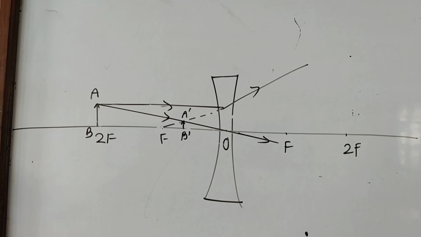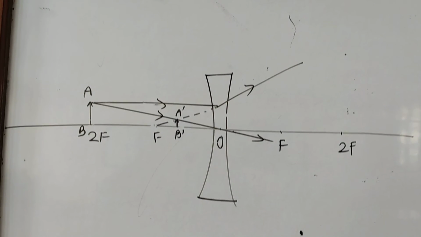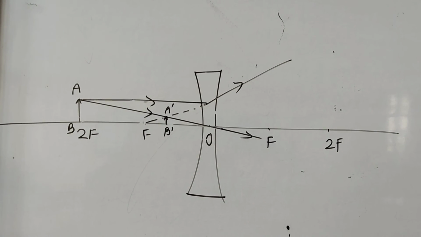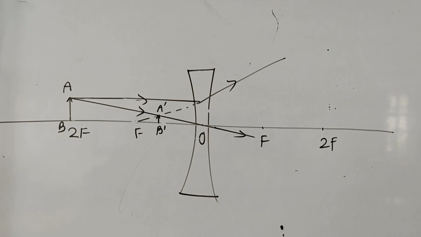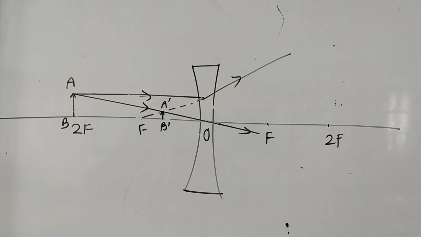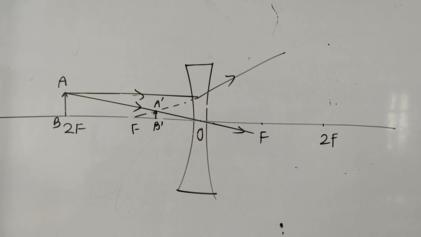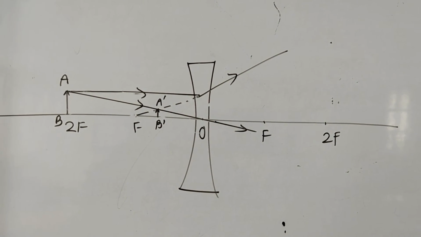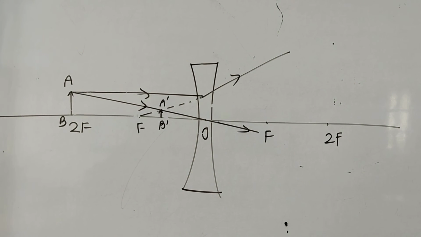This diagram I have drawn very roughly, so the measurements may not be very accurate here. But anyway, when the object is placed in front of a concave lens at any position, we see that a diminished image is formed between focus and optical center, a virtual, erect and diminished image. Diminished means it is not highly diminished. It is not point size.